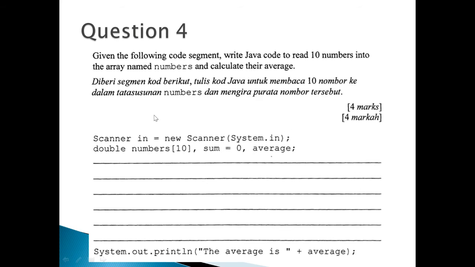Given you the parts of the program, but there is a mistake here where the declaration is not correct. Should be double numbers, the square brackets equal to new double, the square brackets 10. Yang ini dia salah lah, memang dimaklumkan salah lah hari tu.